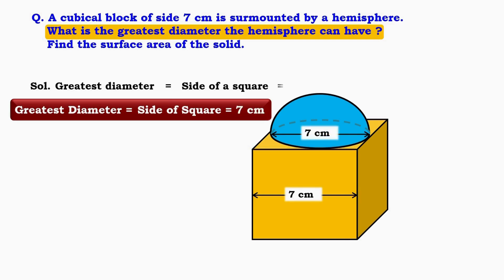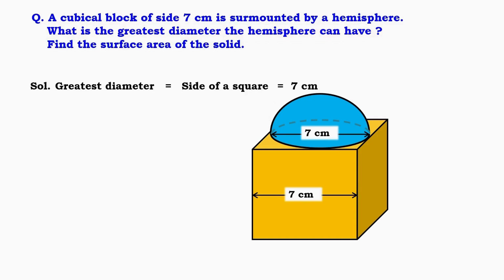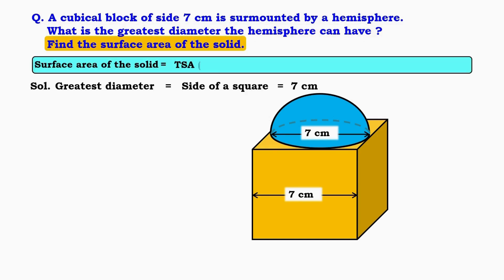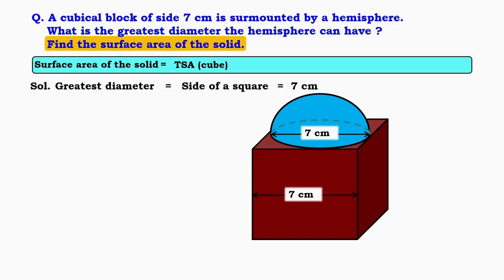Okay, now we need to find the surface area of the solid. So surface area of the solid means in this cube we have the total surface area, the entire one.